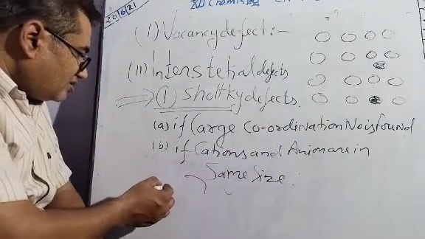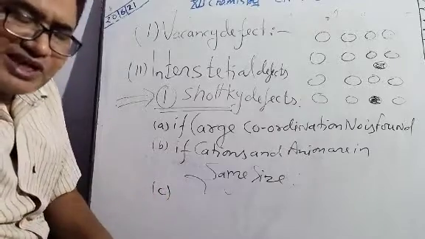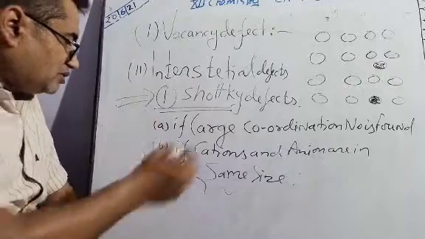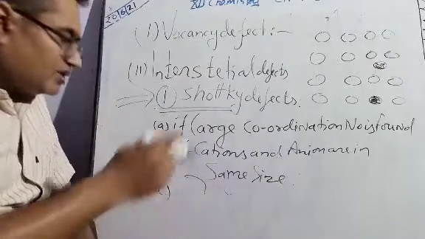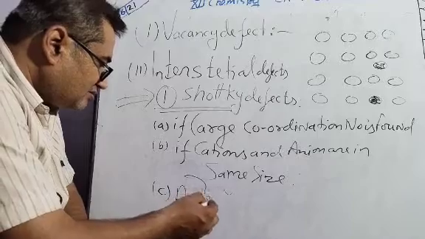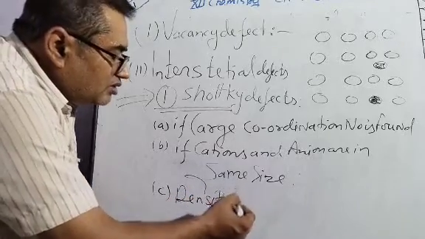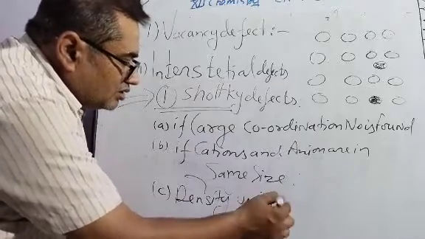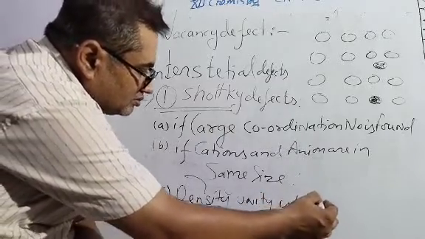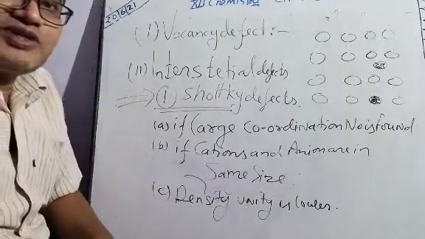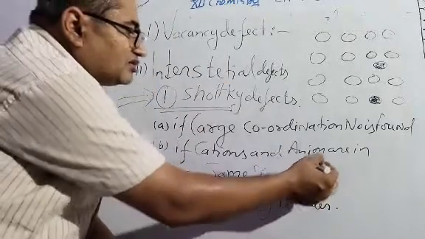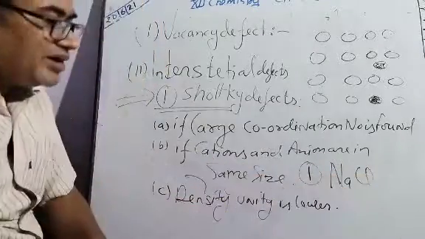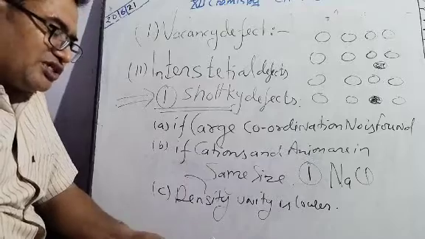Another thing, it happens by heating, that is why this kind of defect is called a thermal defect. Due to the Schottky defect, the density of the unit cell is lower. These are the consequences of the Schottky defect. Simply, sodium chloride is the best example of Schottky defect.